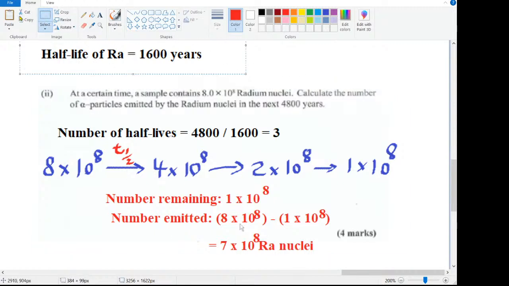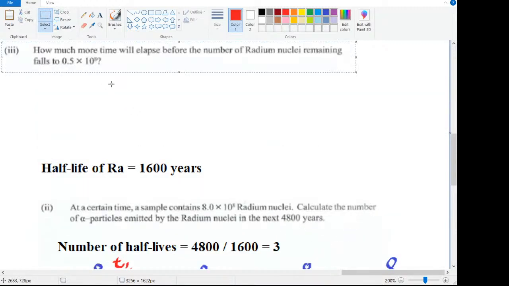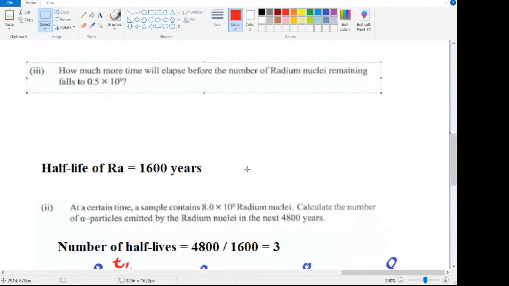Alright, so the last question is, how much more time will elapse before the number of radium nuclei remaining falls to 0.5 by 10 to the power 8? How many marks is this?